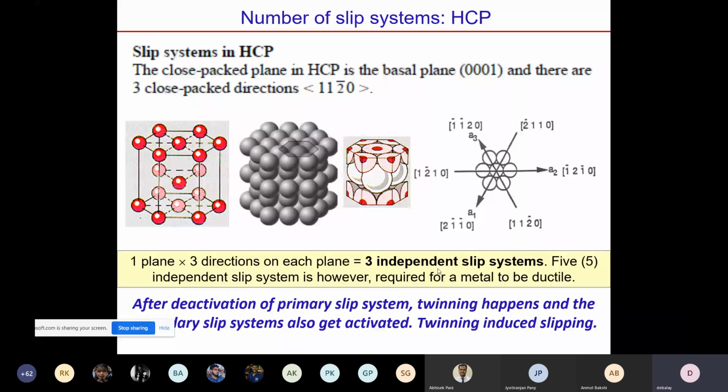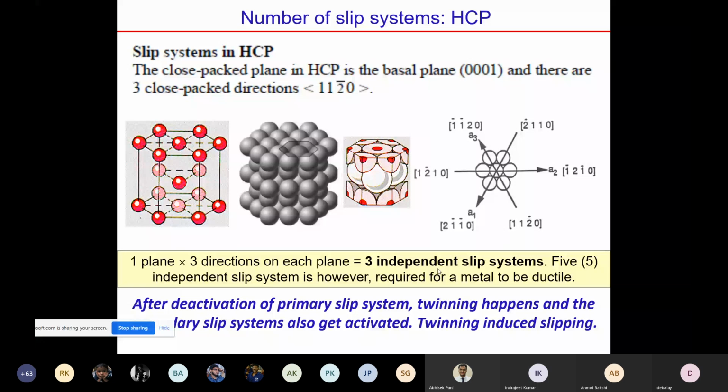In FCC, can twinning occur? Yes, sir, it can. When? When temperature is very low. One said low, one said high. Which answer is right? Low.